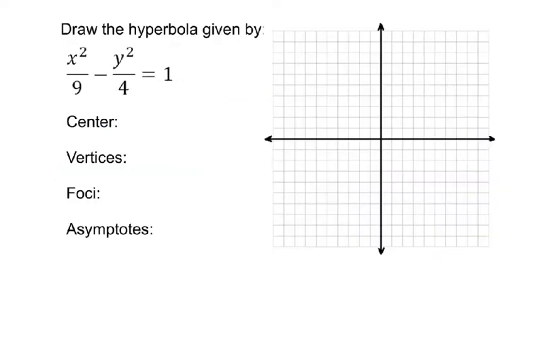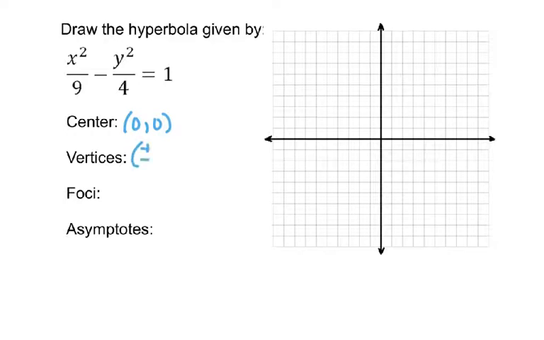Draw the hyperbola given the following. First off, we know that the center is 0, 0. All of the ones we're doing in this section are, but we know that because there's no h, k with the x and y in the numerators. Since a squared is 9, and it's under the x squared term, the vertices are going to be a change in our x coordinate.